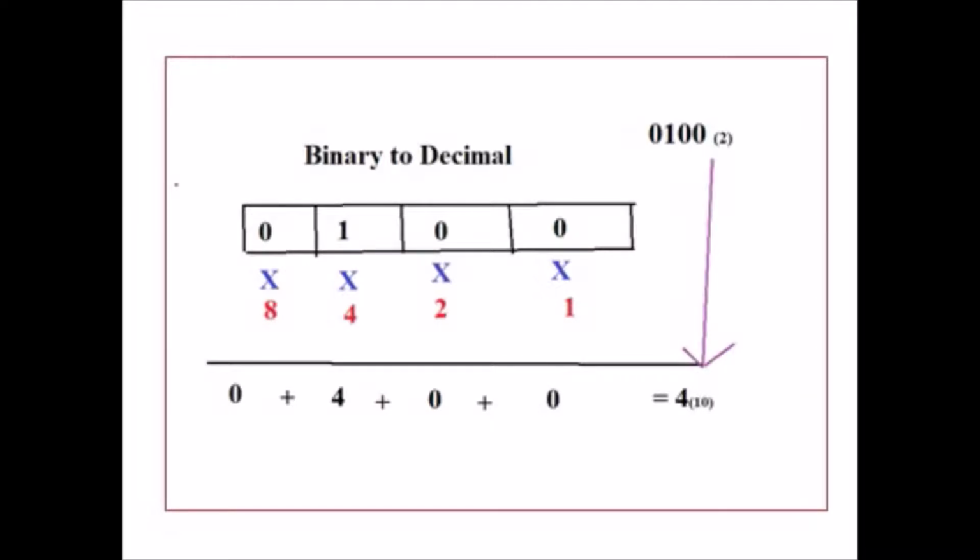For the digits 0, 0, 1, 0, the place values are 1, 2, 4, 8. So 0 multiplied by 1 is 0, 0 multiplied by 2 is 0, 1 multiplied by 4 is 4, and 0 multiplied by 8 is 0. If we add all these numbers, we get 4, which is the decimal number. Like this, binary can be converted to decimal numbers.